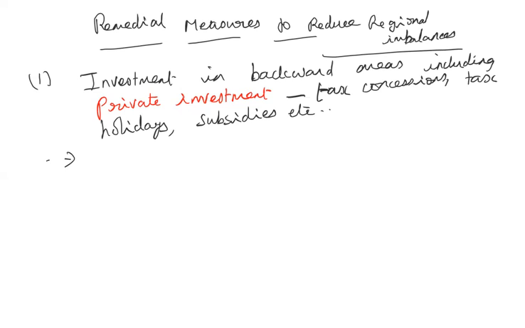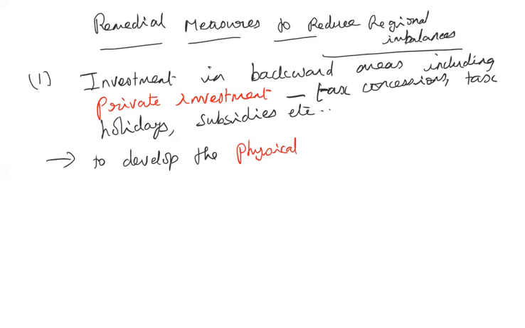Which are the areas the investment can be directed to? First, to develop the physical infrastructure in the backward areas.